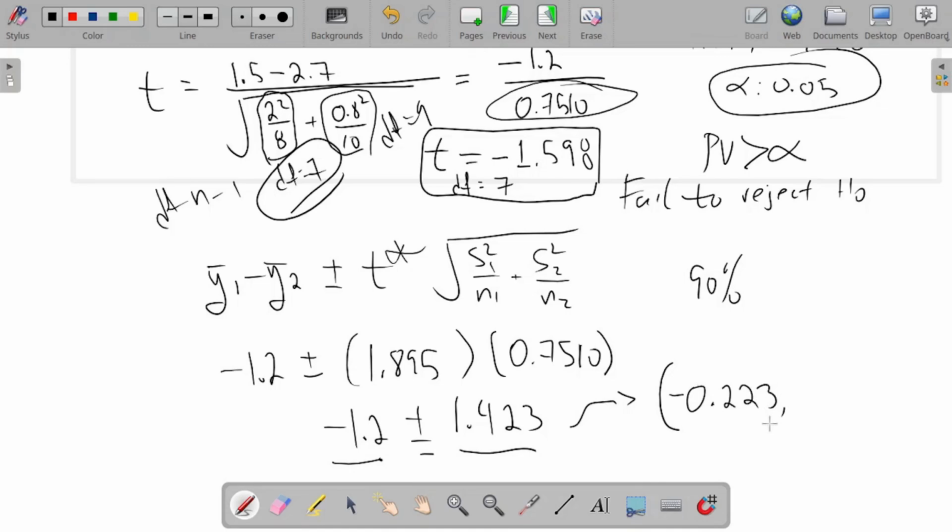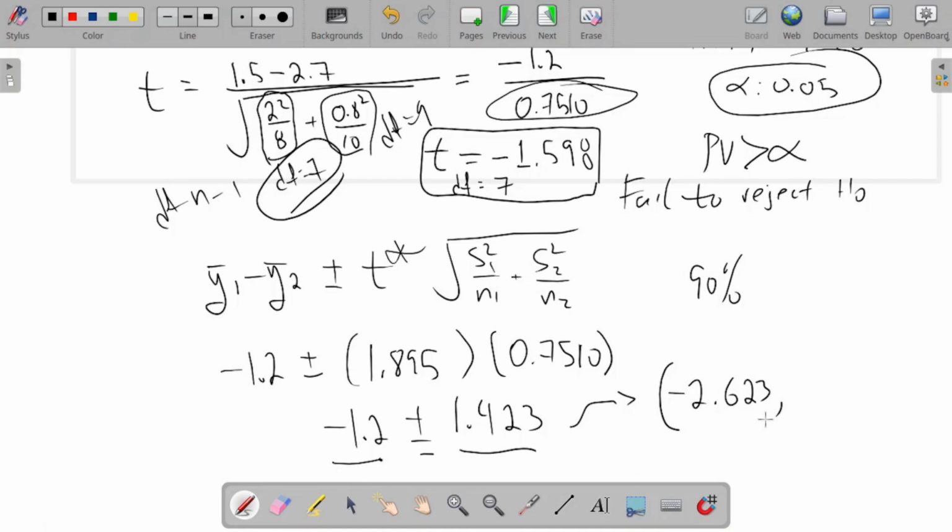And then if we add those together, oh, look at me, I screwed up. That's the upper bound. I just finished adding that. Let me erase that. There we go. So negative 1.2 minus another 1.423 is actually negative 2.623.